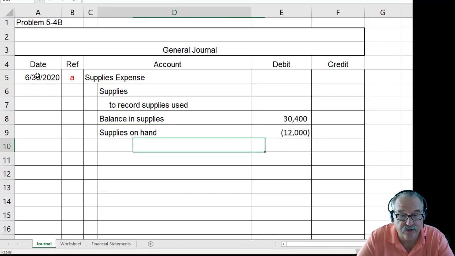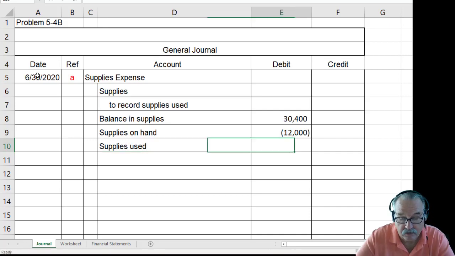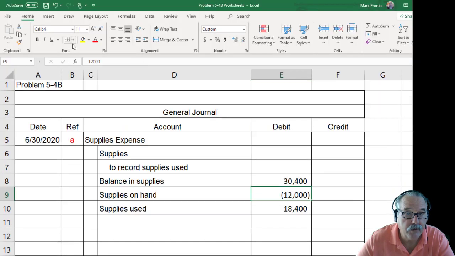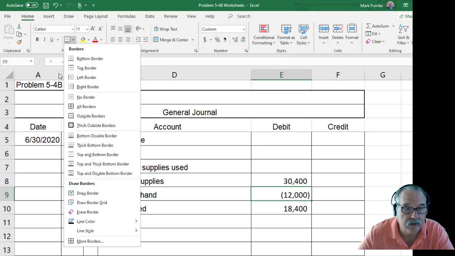In other words, those are the supplies that we didn't use. How do we know we didn't use them? We still have them. So supplies used is the difference, $18,400. I'm going to draw a line because I did a math function.